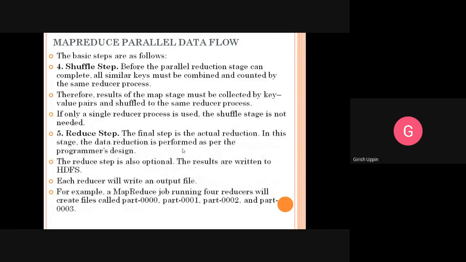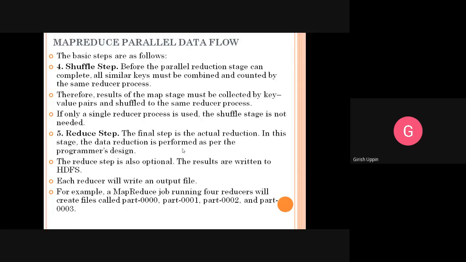Then the combiner output is given to the shuffle. Before the parallel reduction stage can complete, all similar keys must be combined and counted by the same reducer process. So before we do the actual reduction, all the similar keys will be combined together at the shuffle, and maybe put in a certain order in the shuffle stage.